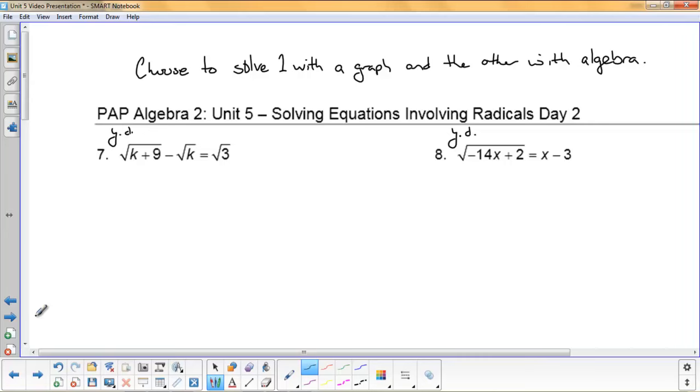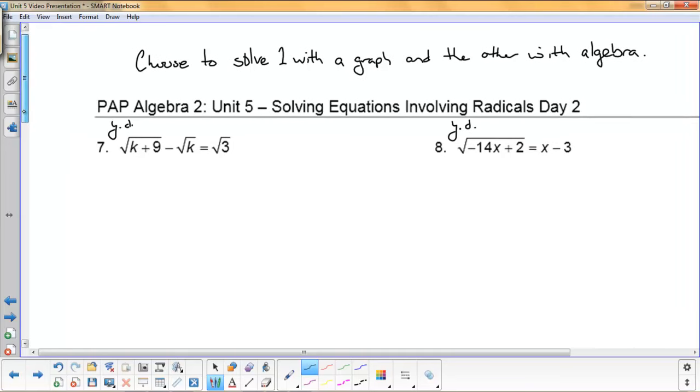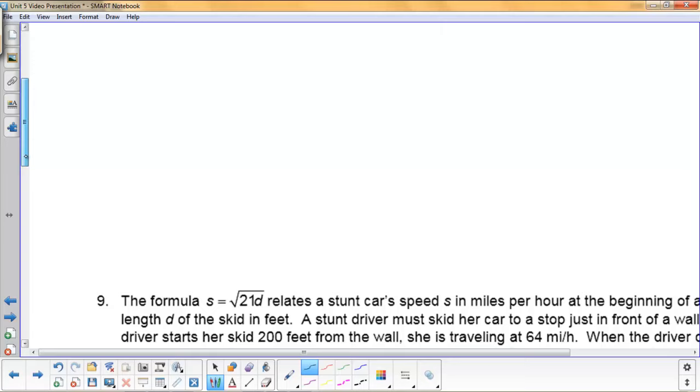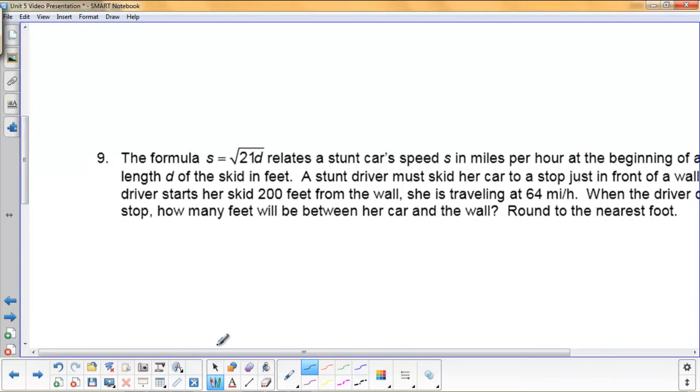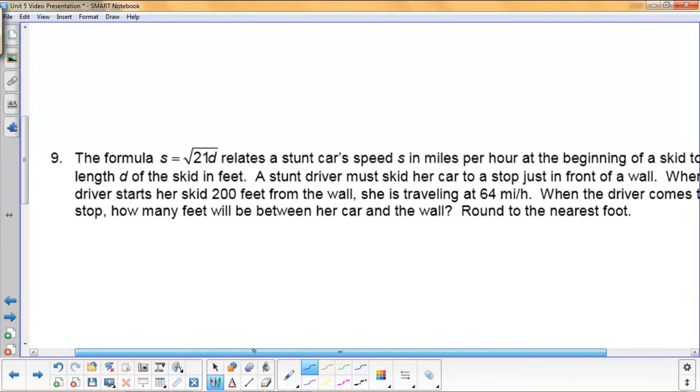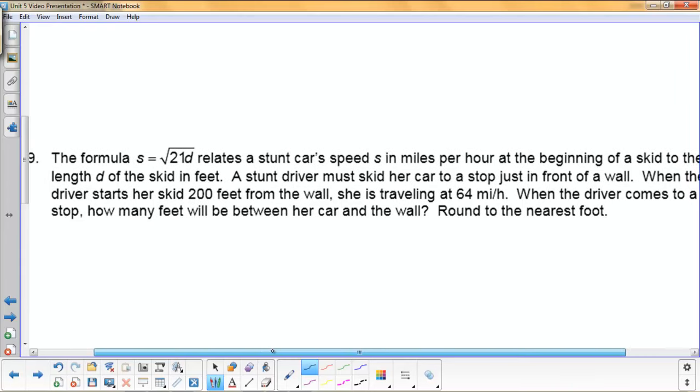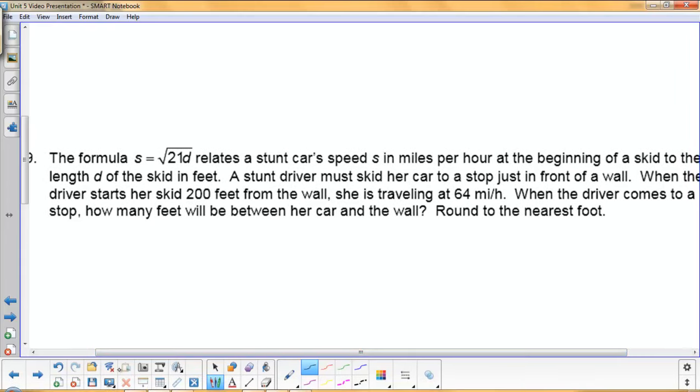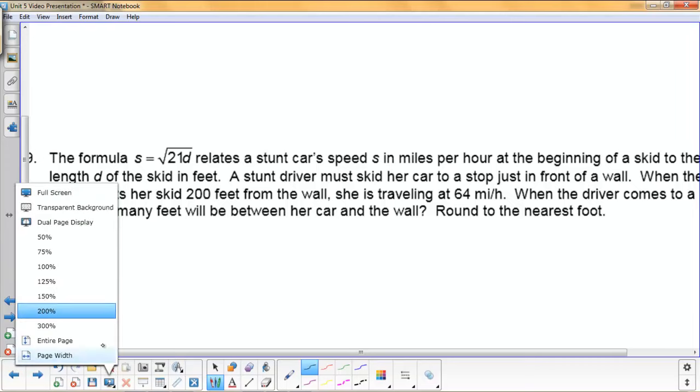I'd like you then also to show obviously the algebraic steps for the other, so I know clearly that you are following the problems both algebraically and graphically, and that way we can move forward with some more complex work tomorrow.